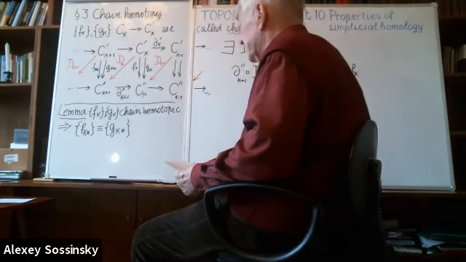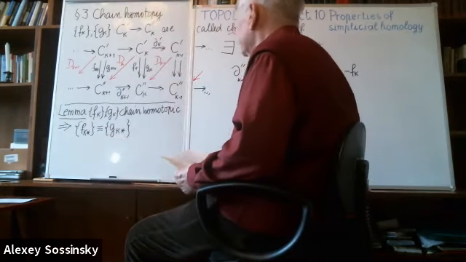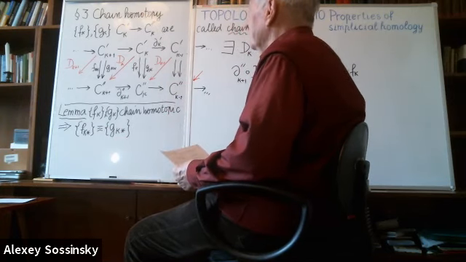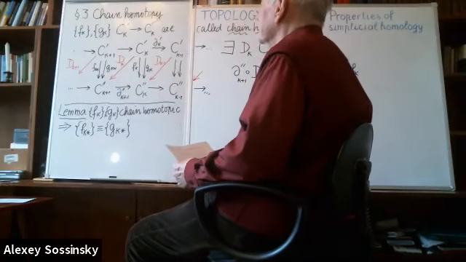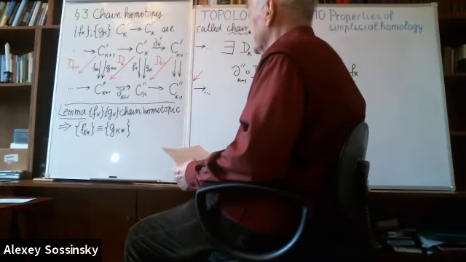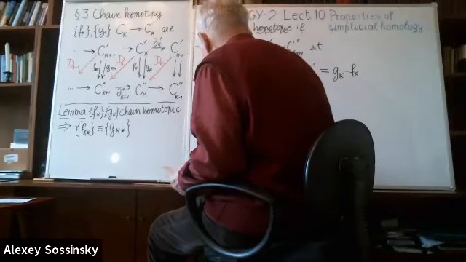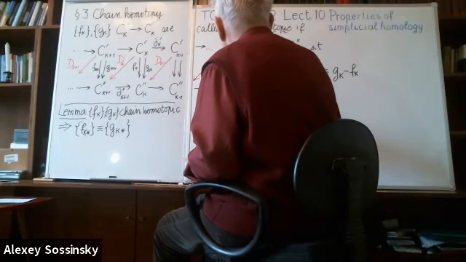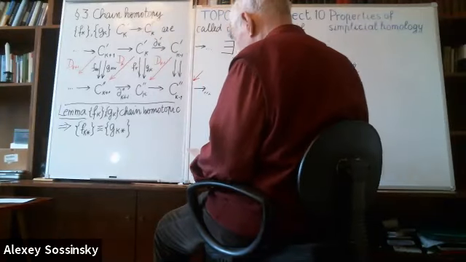So let us take, what do these fellows do? They take the kth homology group of C prime to the kth homology group of C double prime. Let us take an arbitrary element of the group H_k(C prime).